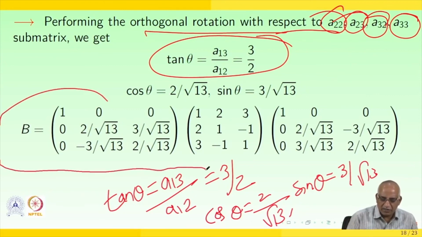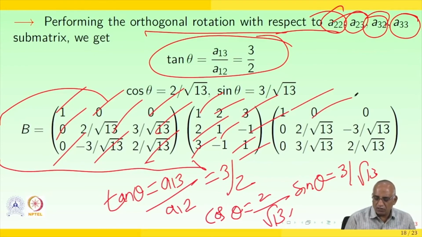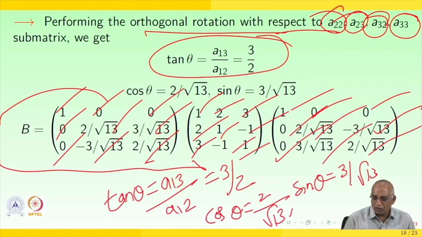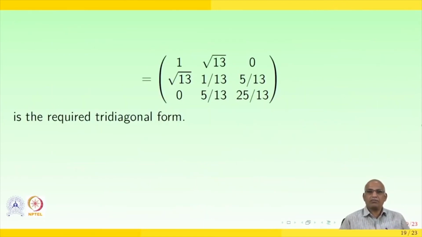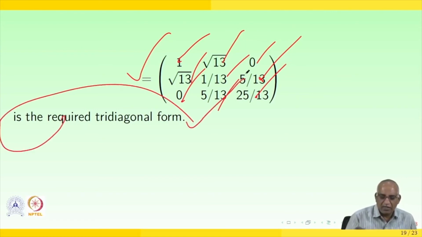So you get a matrix B1 as 1 0 0, 0 2 over root 13, 3 over root 13, 0 minus 3 over root 13, 2 over root 13, multiplied with 1 2 3, 2 1 minus 1, 3 minus 1 1, and multiplied with S inverse, and which will give you 1 root 13 0, root 13 1 over 13 5 over 13, 0 5 over 13 25 over 13, which is the required tridiagonal form.